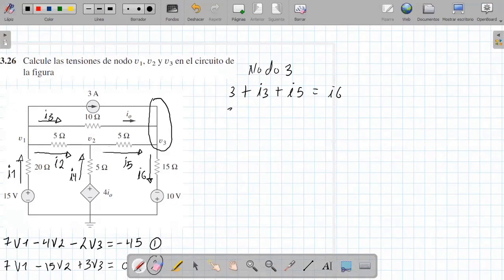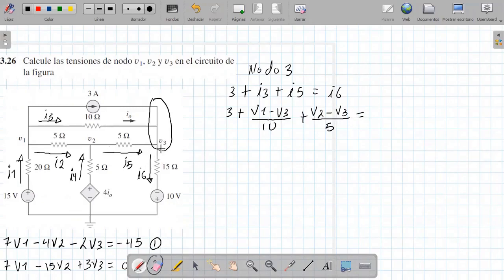Now, this would be 3 plus the current, and 4 has it here. It would be V1 minus V3 over 10 plus the current 5, V2 minus V3 over 5, the current and 6.